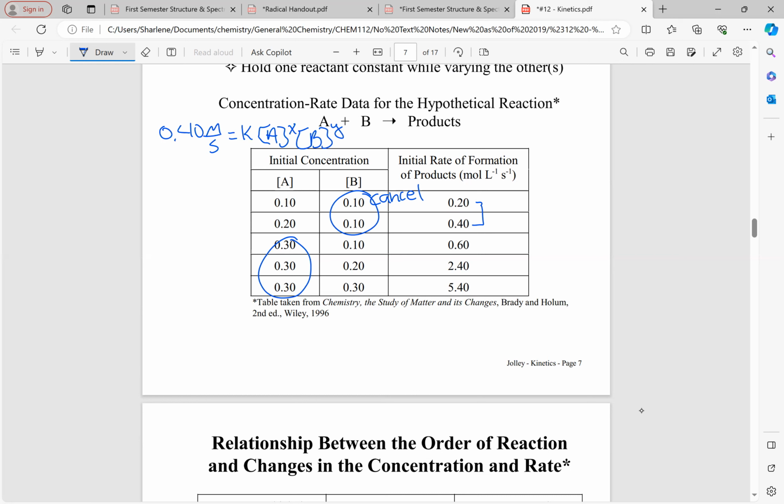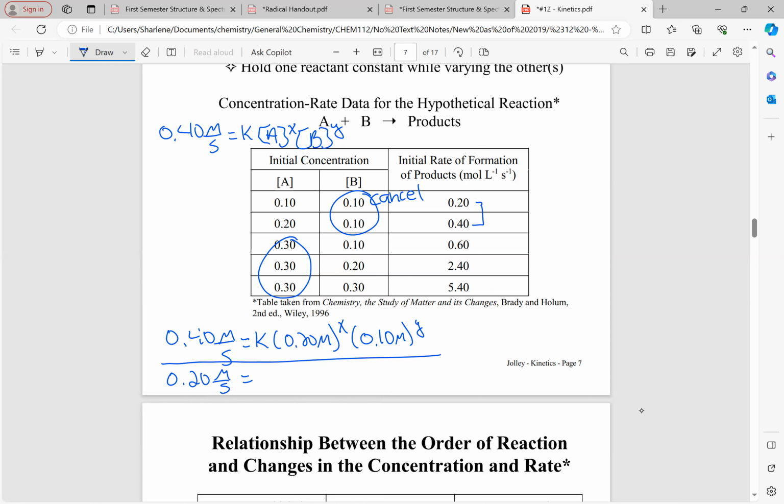And I'm going to plug in numbers for those. 0.40 molarities per second is equal to K, and A is 0.20 M to the X, and 0.10 M to the Y. And I'm going to divide that by the one above it, 2.0 molarities per second is equal to K times A is 0.10 to the X, and B is 0.10 to the Y.